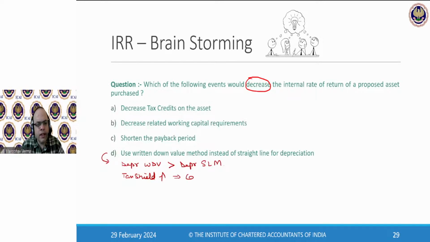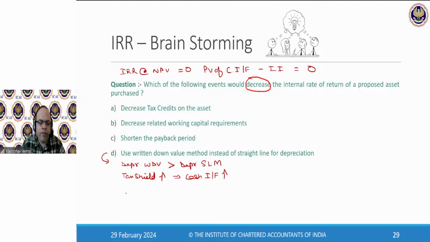If the tax shield increases, cash inflows will go up. IRR is the rate at which the NPV is zero. So we are saying that the present value of cash inflows minus initial investment has to be zero.